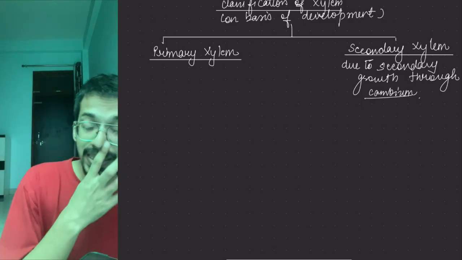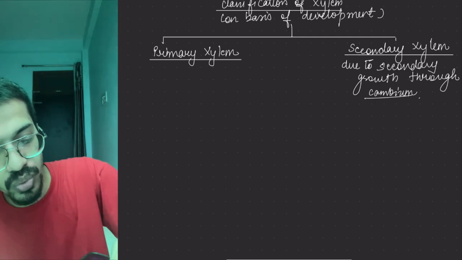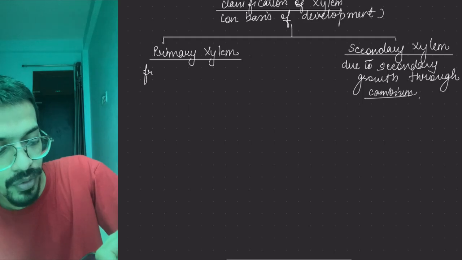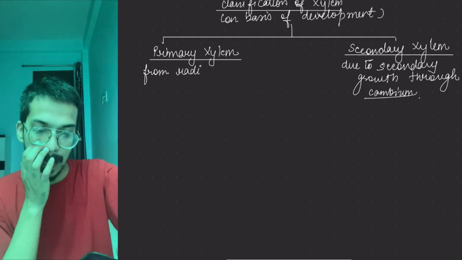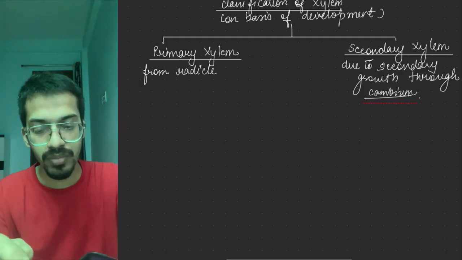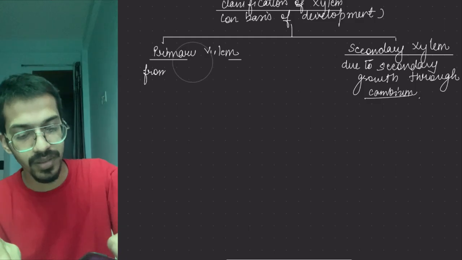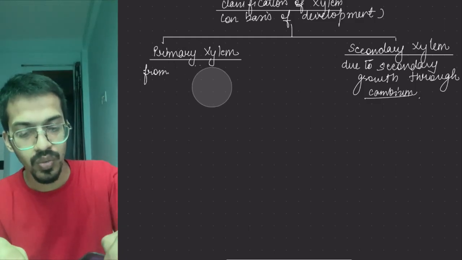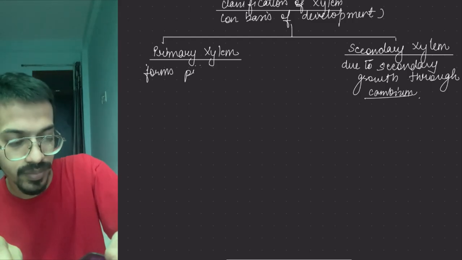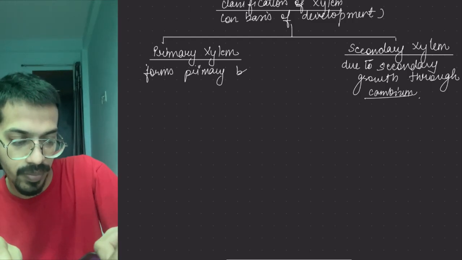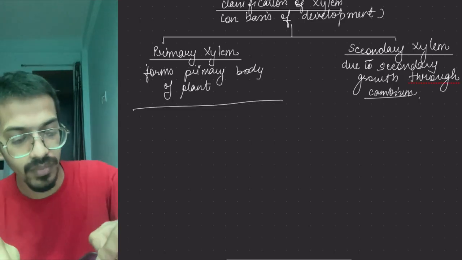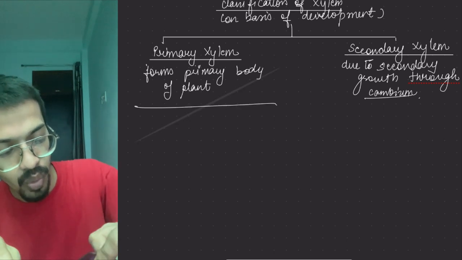Okay, primary xylem would be what? Primary xylem forms the primary body of the plant, and it has two types. What are the two types?